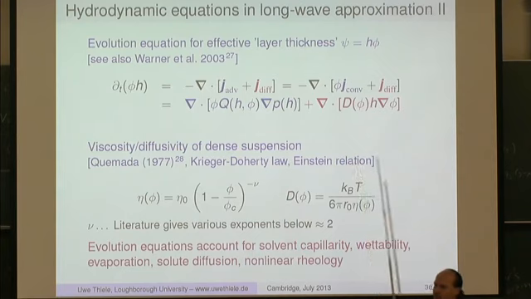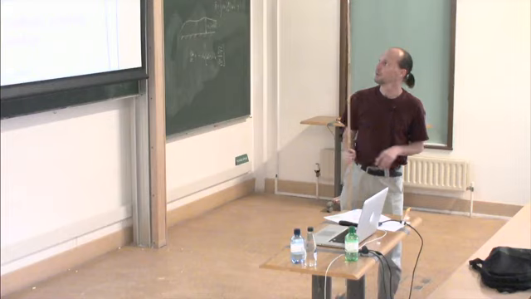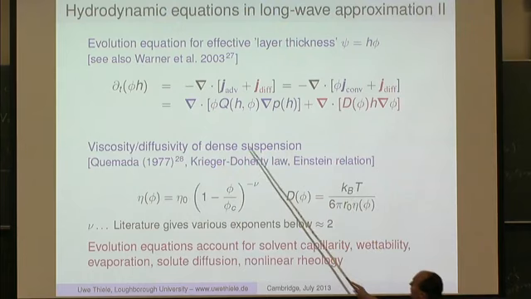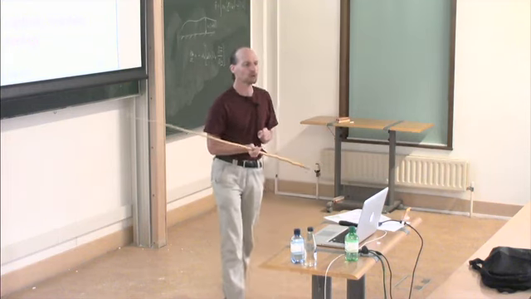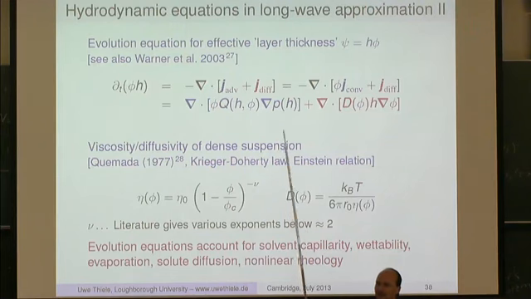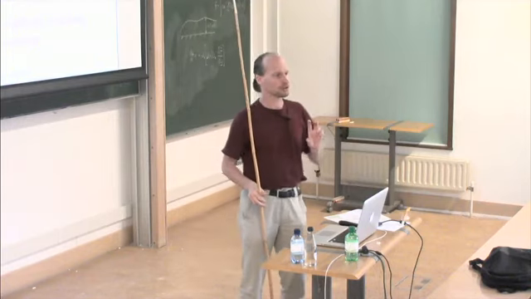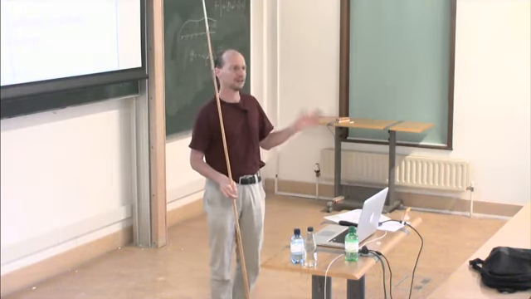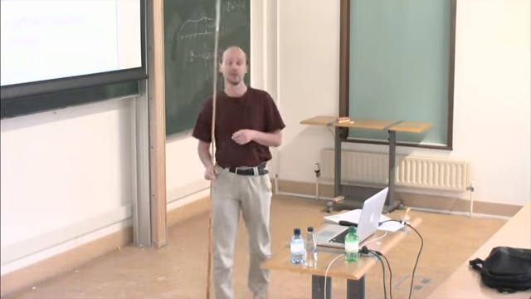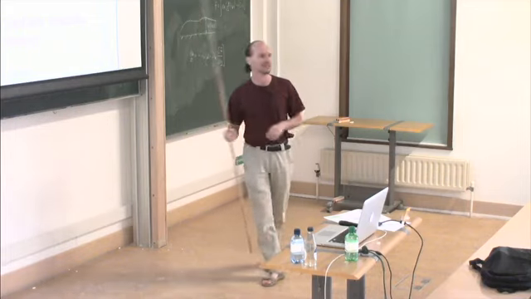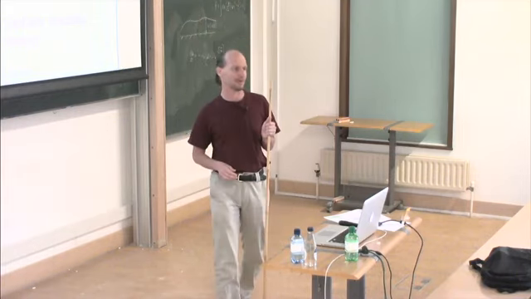So that's not a nice variable, because actually if I keep locally the amount of solute constant, but I change the film height by adding some solvent, I actually also change the phi, right? So phi and h are not two independent variables. I cannot vary with respect to these two variables, right? And I tried for some time to get equations doing that, and nothing good came out of that.